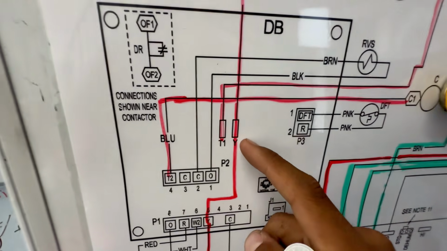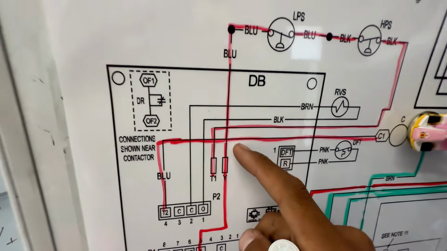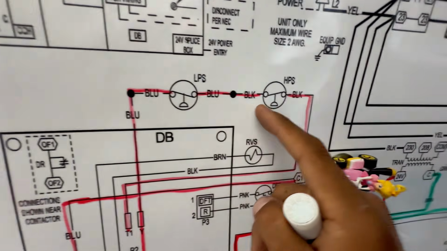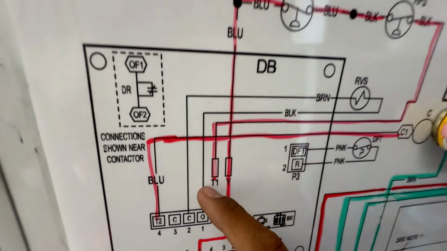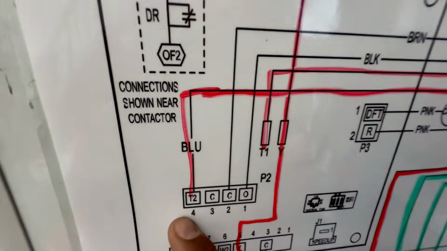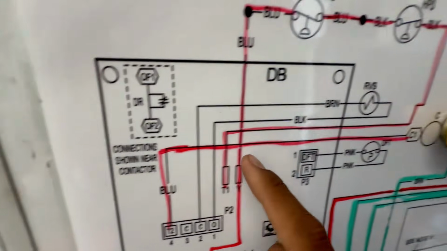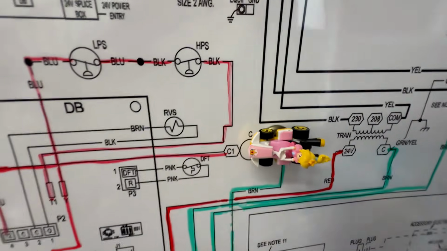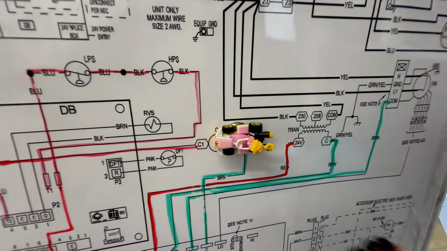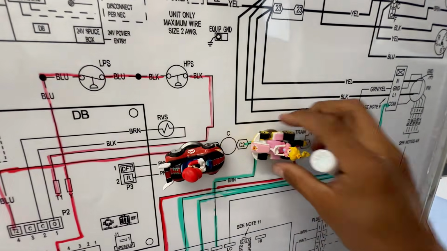And then it comes out through Y1. It goes through my pressure switches, and it comes back to my T1, and then it comes out of T2 as the blue wire going to the other side of the contactor coil, because peach is already there.